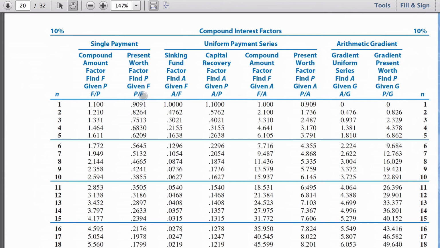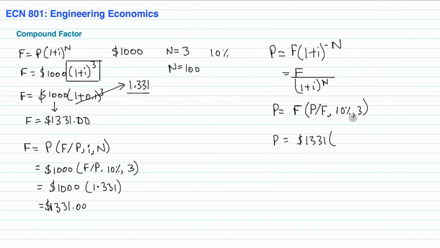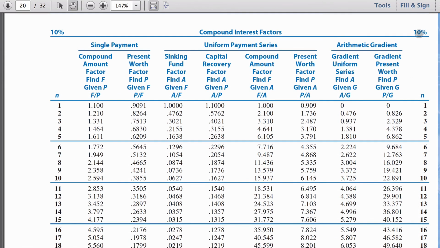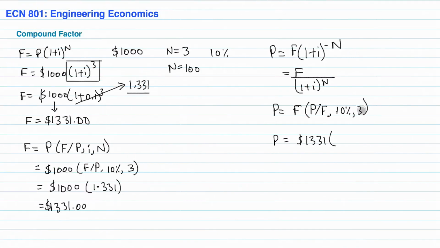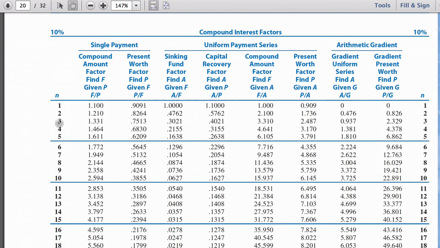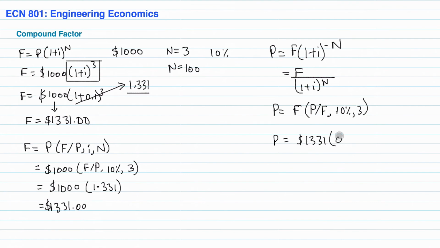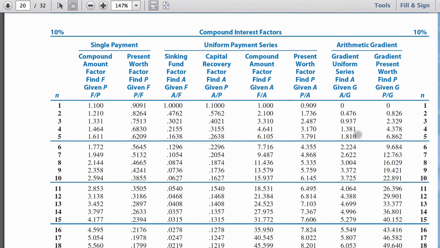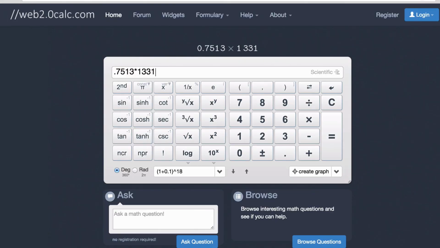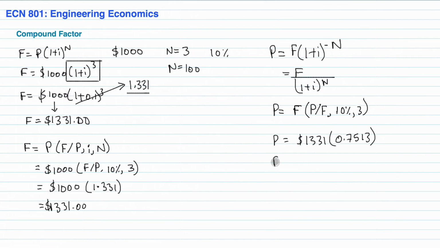So find P given F at 10%, and at 3 periods. So n is equal to 3, so 0.7513. We multiply this, we get 999.98.